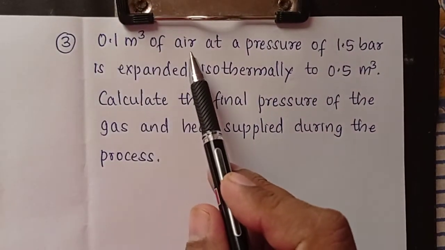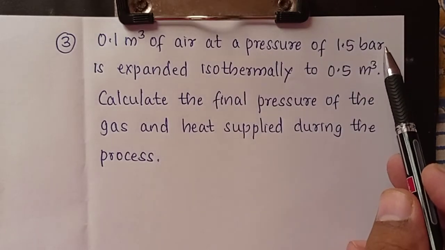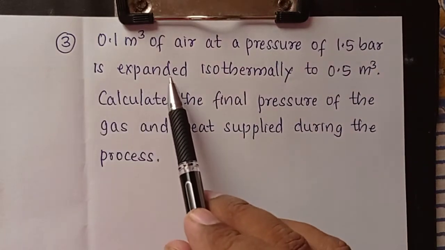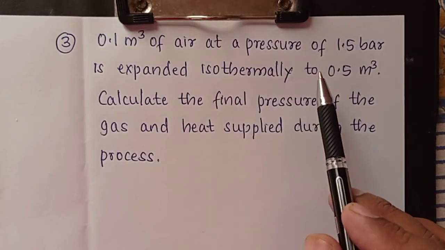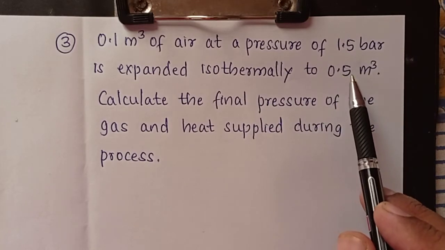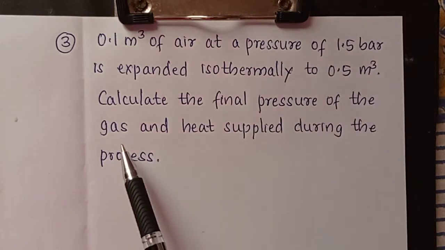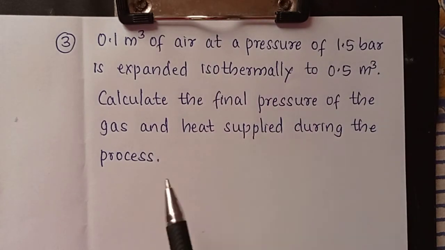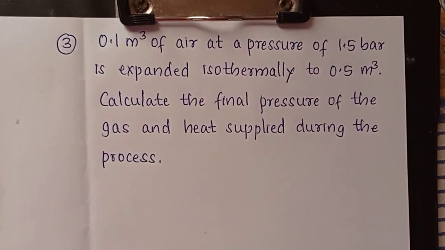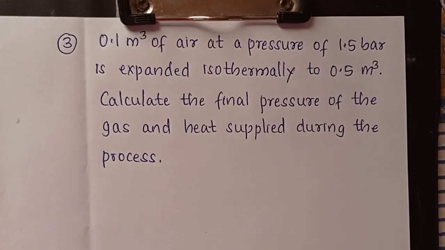0.1 meter cube of air at a pressure of 1.5 bar is expanded isothermally to 0.5 meter cube. Calculate the final pressure of the gas and heat supplied during the process. So what he says, a volume of 0.1 meter cube.